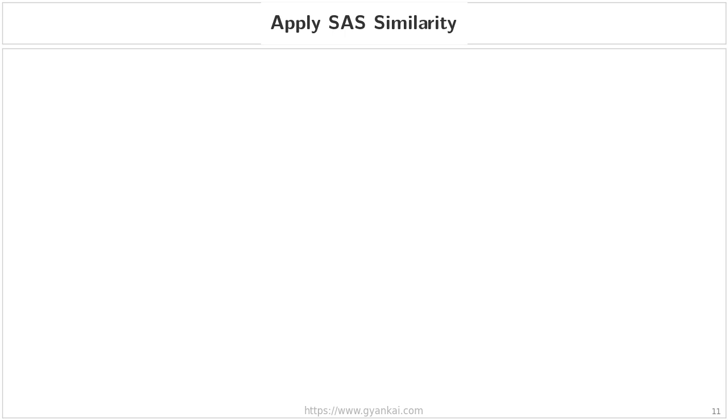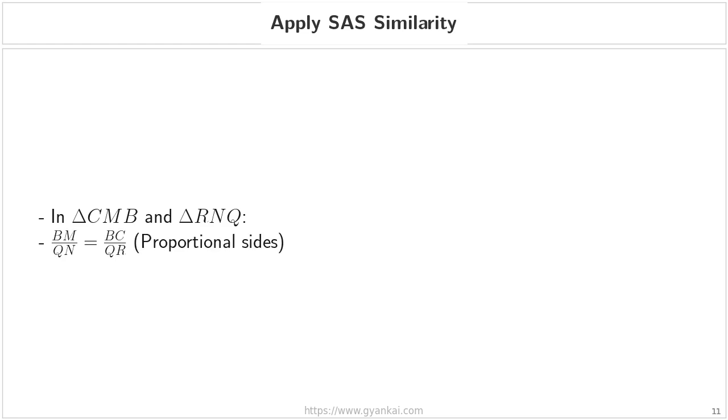Apply SAS Similarity. Now that we have identified our proportional sides and our shared angle from the previous slides, let's bring it all together to prove our similarity. Looking at triangle CMB and triangle RNQ, we can clearly see the criteria for similarity are met. First, as we established in the last slide, the ratio of side BM to QN is equal to the ratio of side BC to QR, which means we have proportional sides.